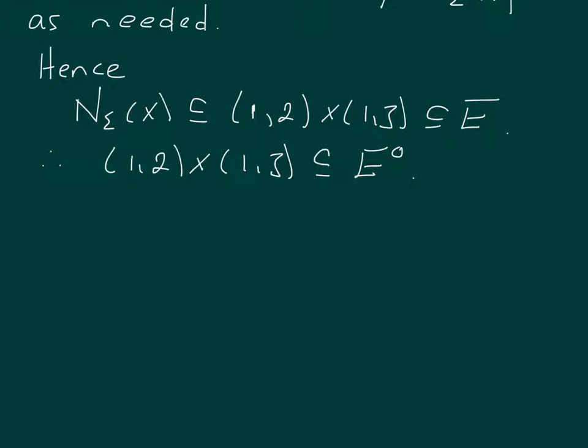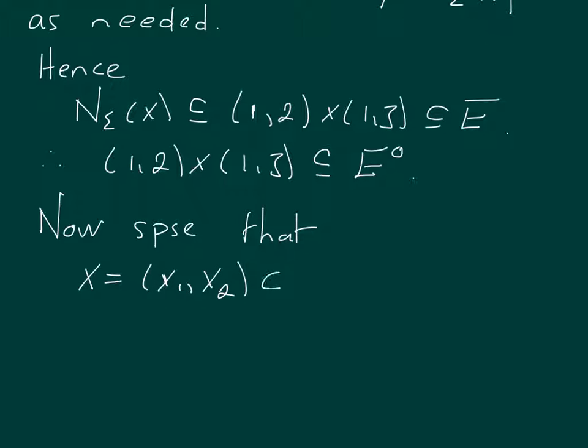So now suppose that we have a point x equal to x1, x2 that lies in E, but is not in this set here.